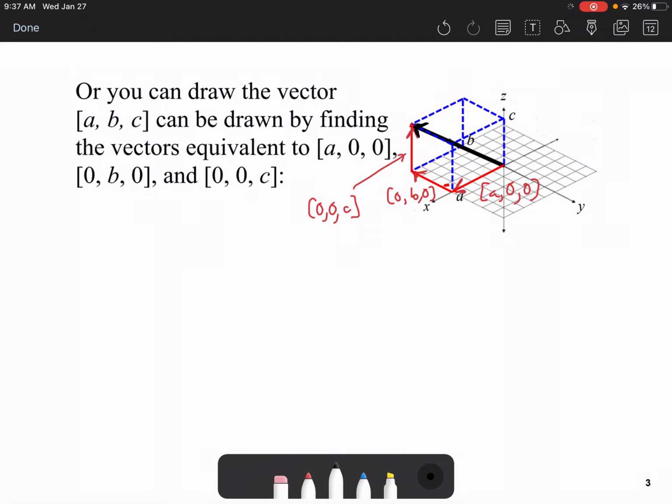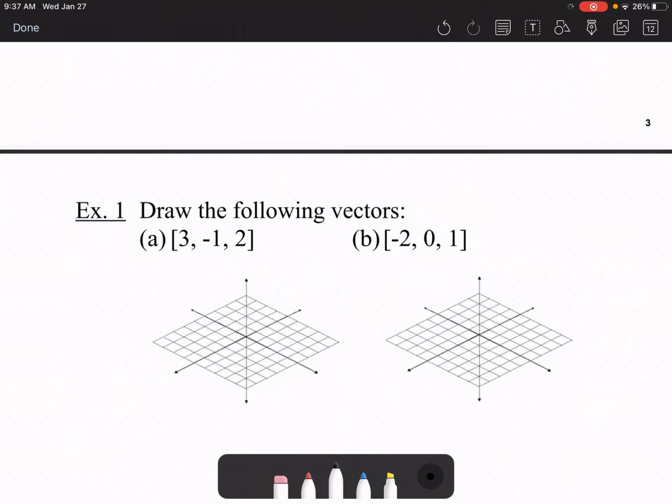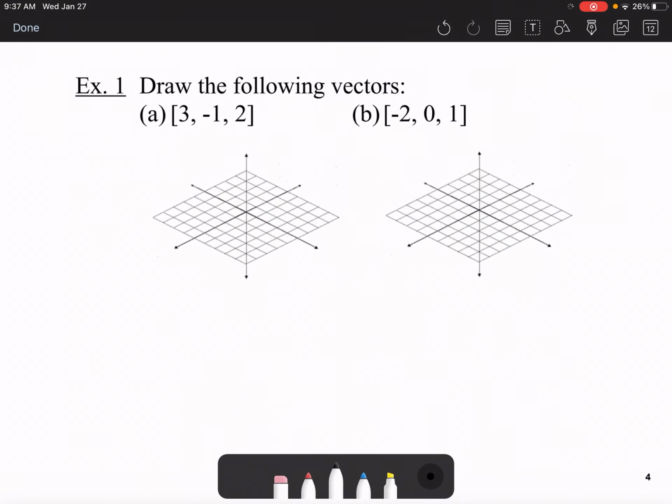So let's try this out. Let's draw these vectors on these grids. Don't forget, gotta label these grids.